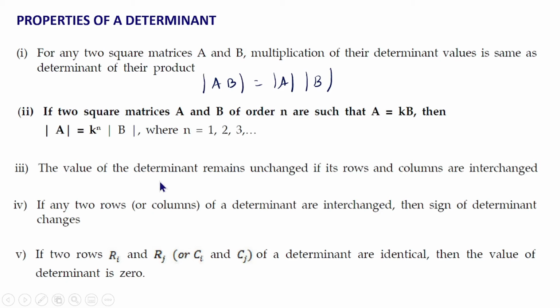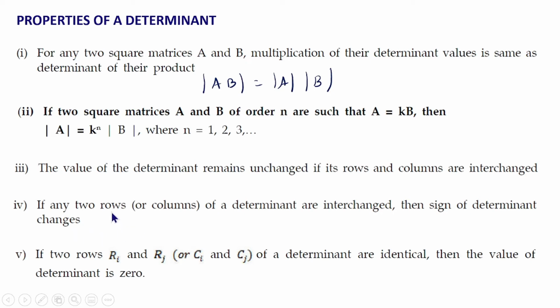And then the value of the determinant remains unchanged if its rows and columns are interchanged. So if we interchange the rows and columns, the value of the determinant remains the same. If any two rows or columns of a determinant are interchanged, then the sign of the determinant changes.